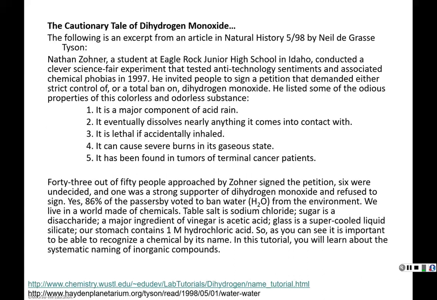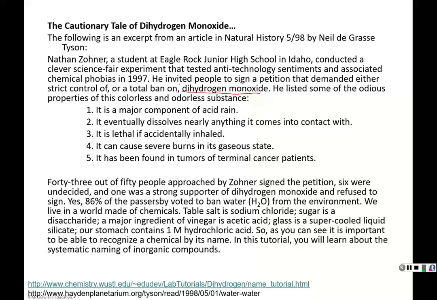But this is just a funny thing that really tells you the importance of naming, right? They talk about a molecule, dihydrogen monoxide, which is just water, H2O, and they tried to get people to sign a petition to have strict control or a ban on this substance, and they listed things about it: the major component of acid rain, eventually dissolves everything it comes into contact with, is lethal if accidentally inhaled, right?